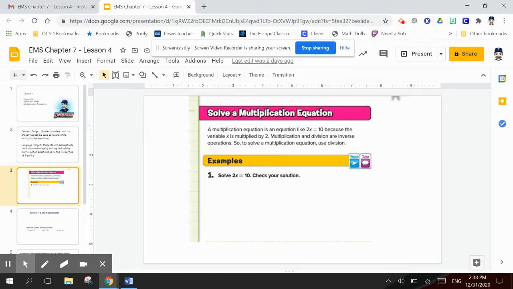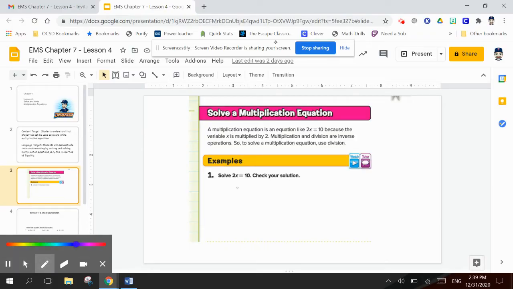Solving a multiplication equation. A multiplication equation is an equation like 2x equals 10 because the variable x is multiplied by 2. Multiplication and division are inverse operations, or opposites. So to solve a multiplication equation, we're always going to use division.